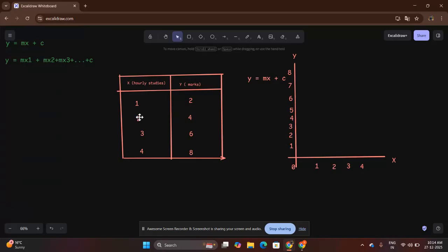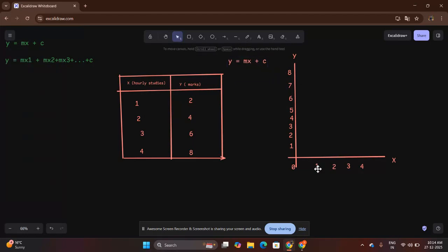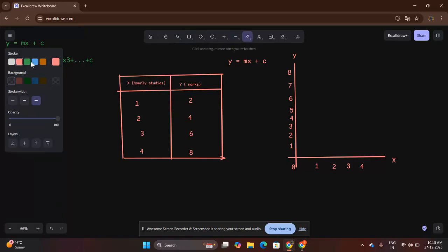This is a random graph. We do not have to give any exam here; I'm just giving this example for simple explanation. For x equal to 1, which is the input value, the target is 2, so that point will come over here.